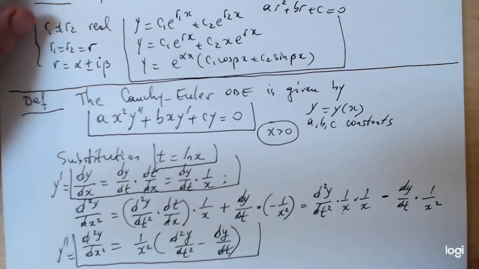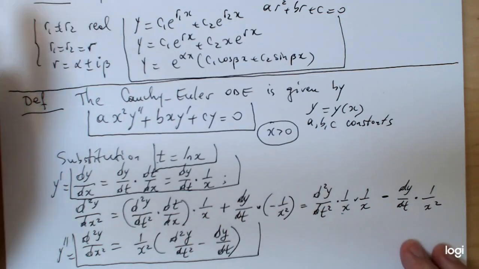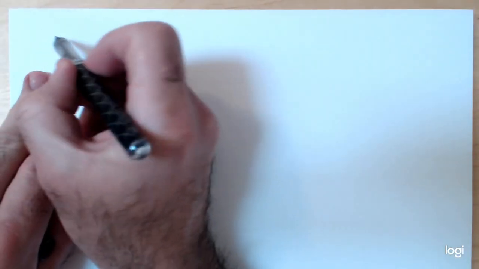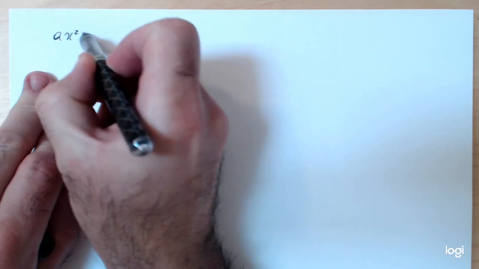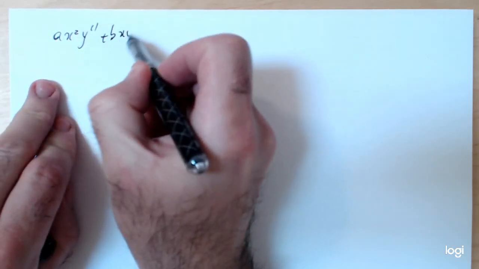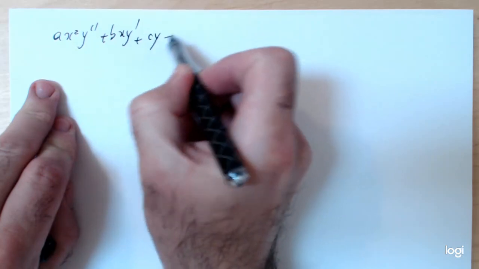Okay, so on your notes, just pay attention to these three expressions, and let's just do now the substitution in the Cauchy-Euler equation itself. So let's see, we have ax squared y double prime plus bxy prime plus cy equals 0.